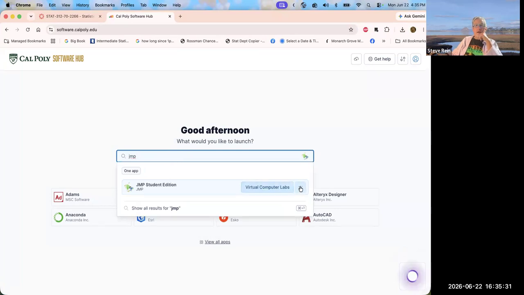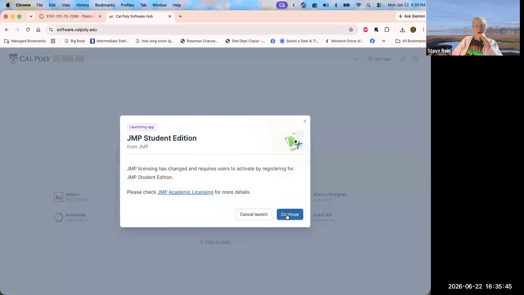Okay, I shouldn't say don't. In a pinch, that virtual computer lab, I know students have used it successfully, but I would click the download via jmp.com. That's what I would suggest doing.